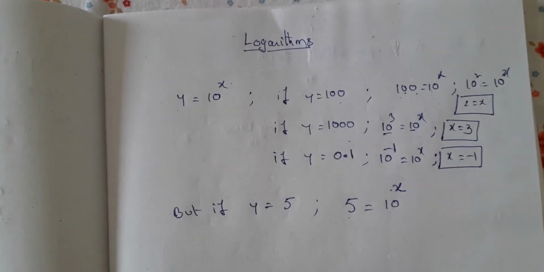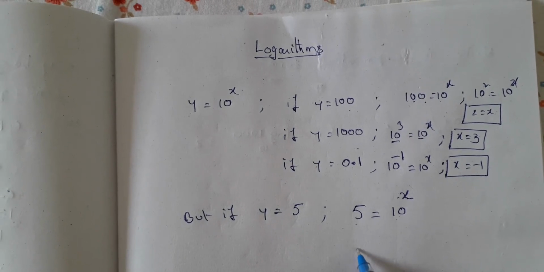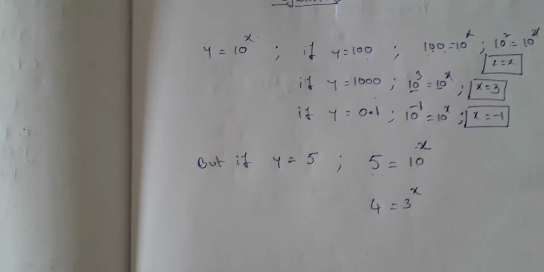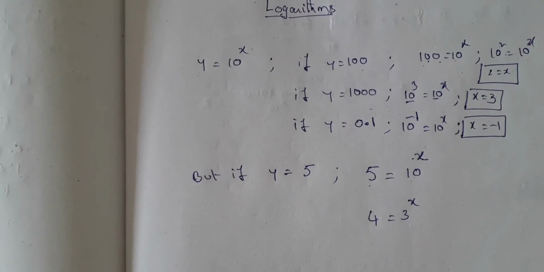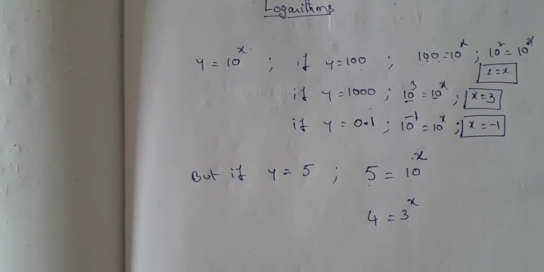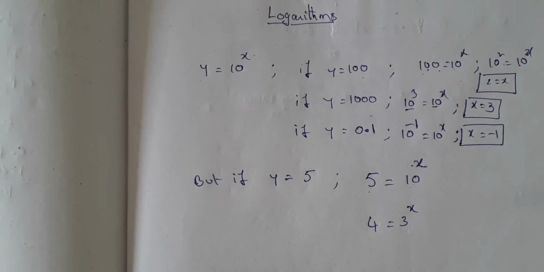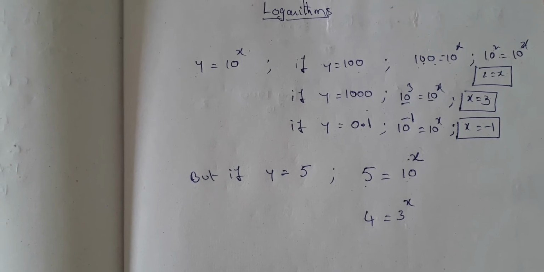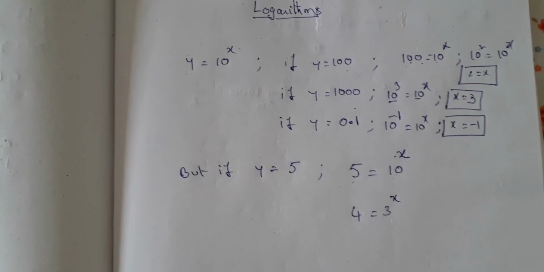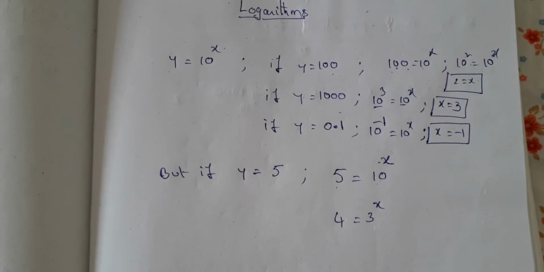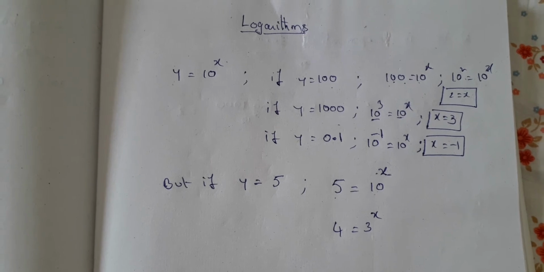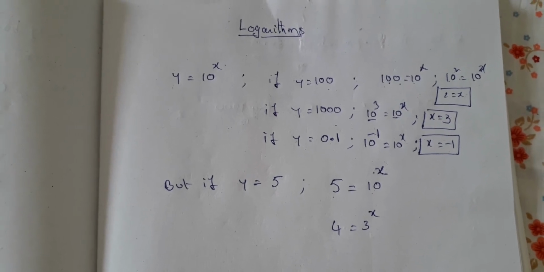Suppose I write 4 is equal to 3 power x. To what value of x are you going to raise 3 in order to get the result 4? Is it not complex? Yes, it's very complex. So then a new concept in mathematics came into existence, that is logarithms.